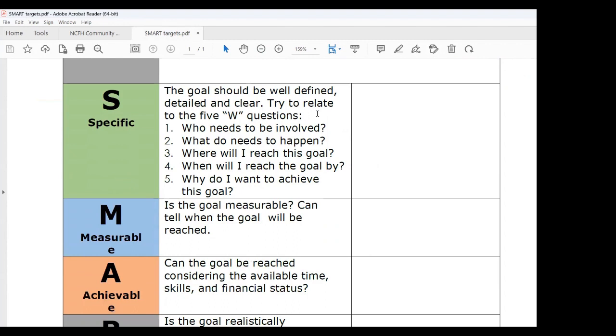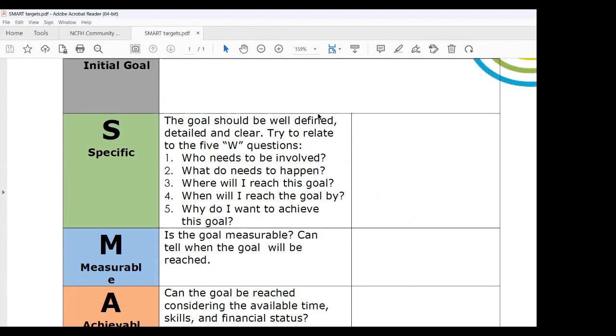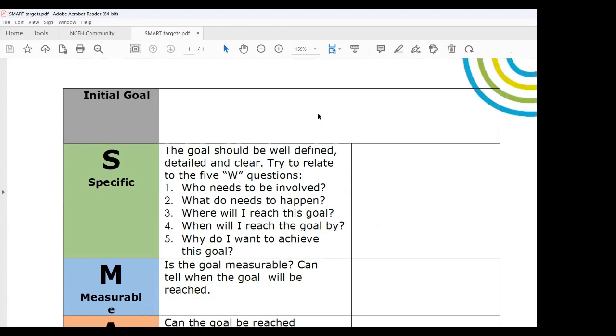So a SMART target, you pick a goal. For instance, a goal I might want to pick is I want to watch less TV and read more. To make it SMART, I would need to ask, how can I prove that? How can I evidence that I've read more?